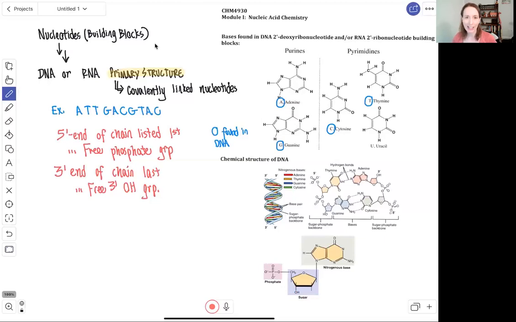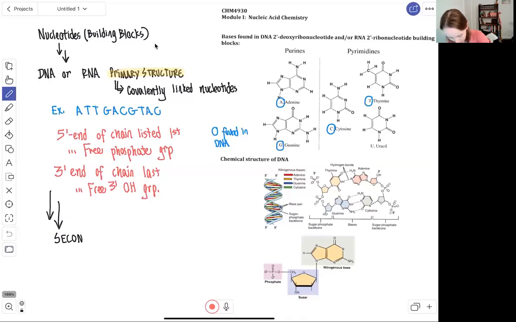Also analogously to proteins, we can assemble these strands into higher levels of organization. After the primary structure, which is just the sequence of nucleotides that are covalently bonded together, we have the secondary structure.